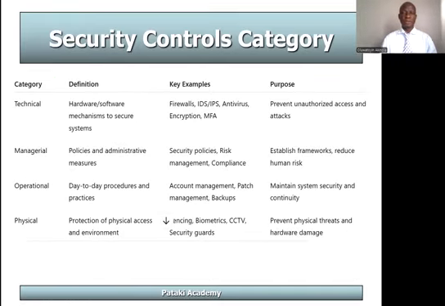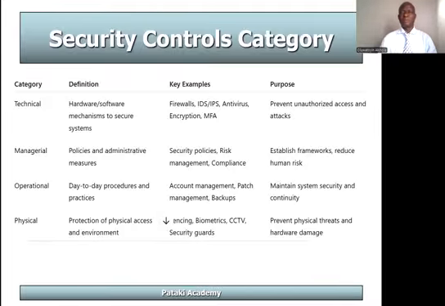Security control category. We have technical, we have managerial, we have operational, we have physical. While the examples are there, the firewall, IPS, technical, security policy, risk management, compliance, for managerial, then we have accounts, patch management, and so on.